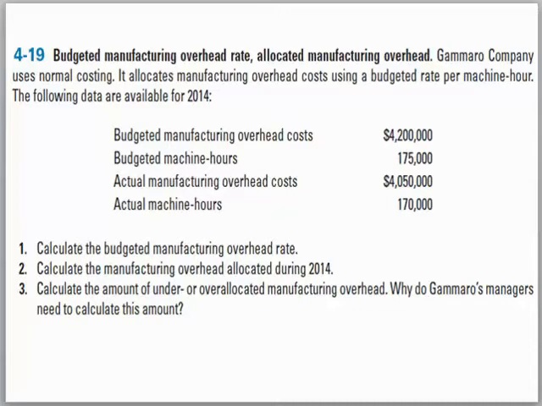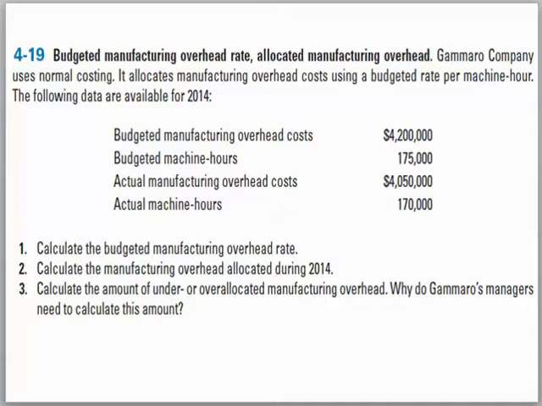The following data are available for 2014. He gave me the budgeted manufacturing overhead costs of $4,200,000 and the budgeted machine hours of 175,000 hours. Actual manufacturing overhead costs were 4,050,000 and the actual machine hours 170,000 hours.